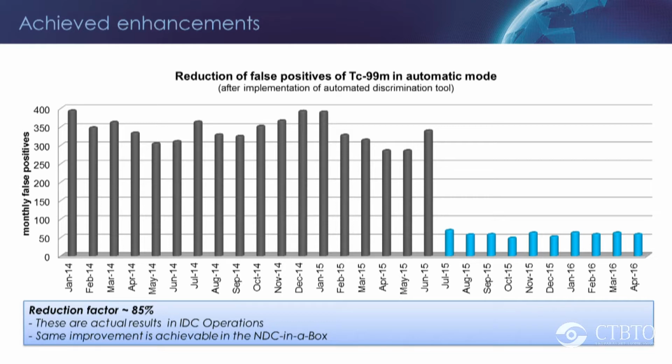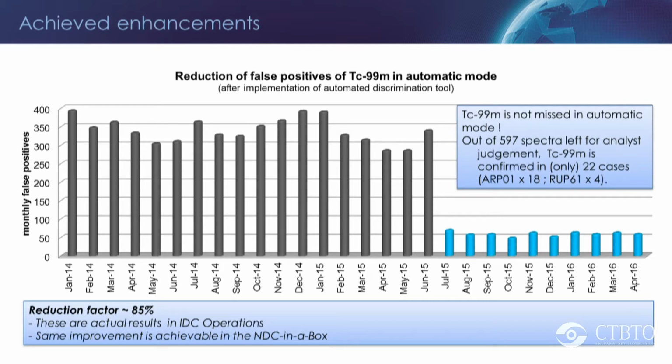The first plot is in terms of reduction of false positives. Here you see the monthly total number, which dropped from around 350 down to 30 cases, which means a reduction factor of 85%.